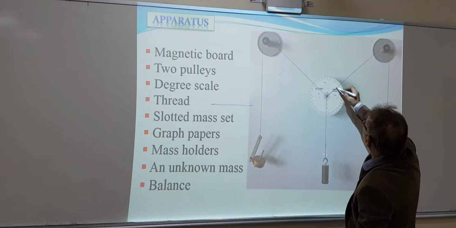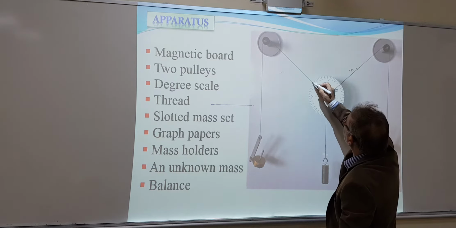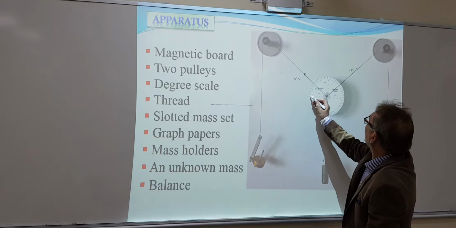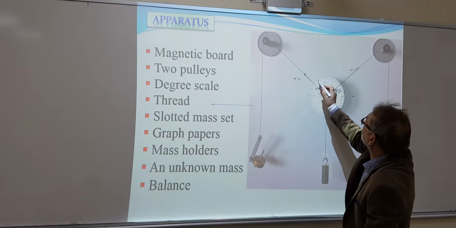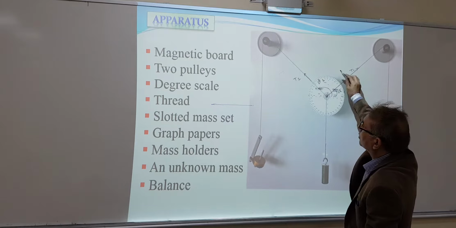So this is T1 and this is T2, right? Now, what is the angle it is making? Theta 1, this one, and theta 2. What you do, you need to bring this one over here, right?